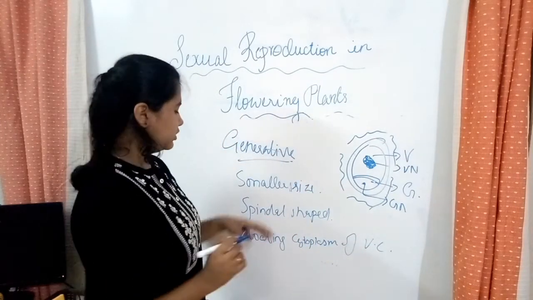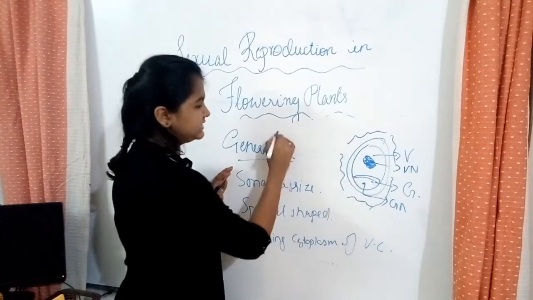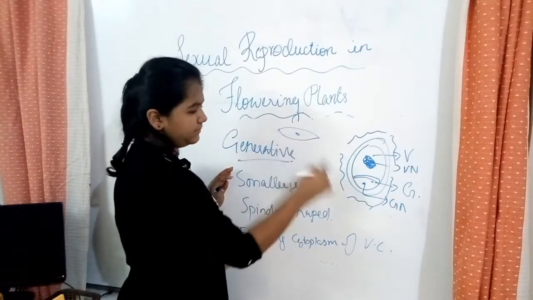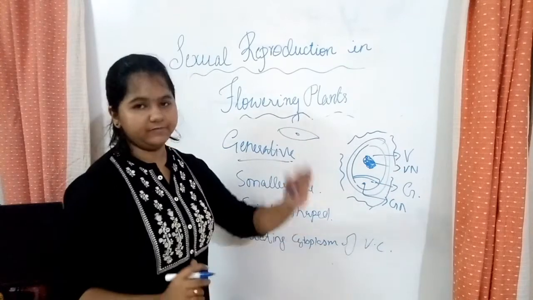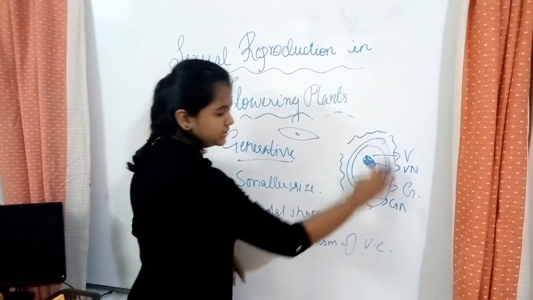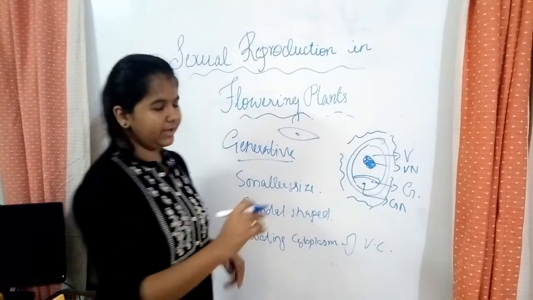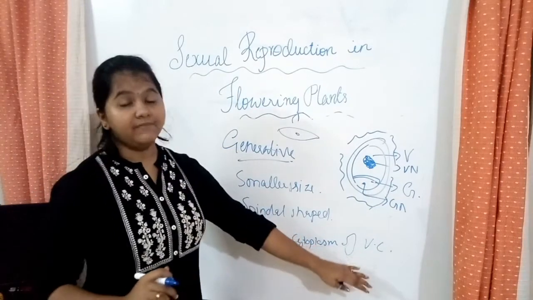So what is it? It is smaller in size. It's spindle shaped. It is floating on the cytoplasm of the vegetative cell. See, it is on the cytoplasm. It is inside. Okay. So this is called the vegetative cell.